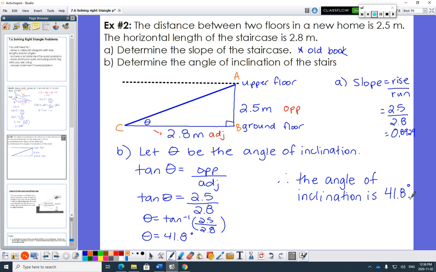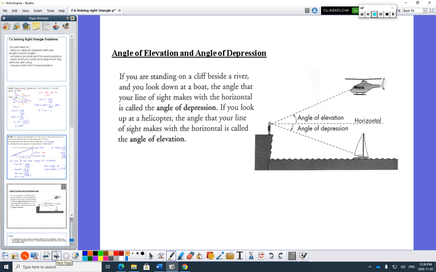Okay, the next slide has a couple of definitions. So the big thing with angle of elevation and angle of depression is you always have to be thinking about the horizontal. Okay? So when you have elevation, it's in relation to, like, elevation is up, yes?